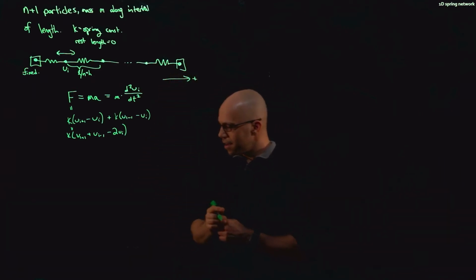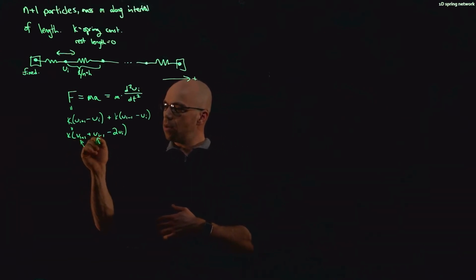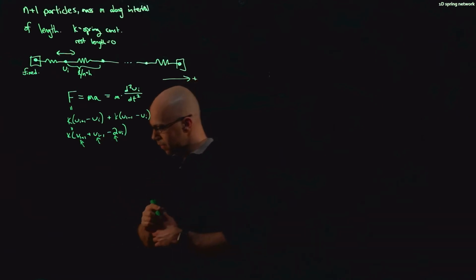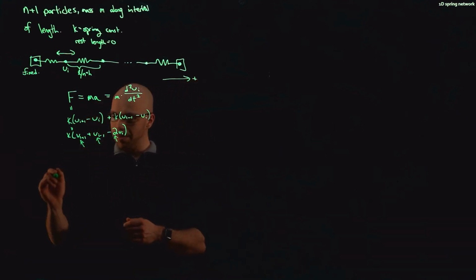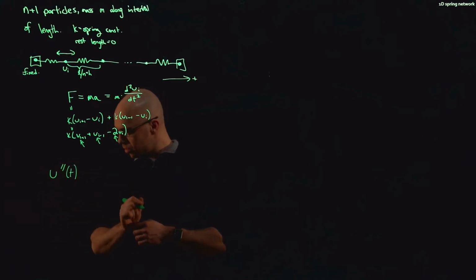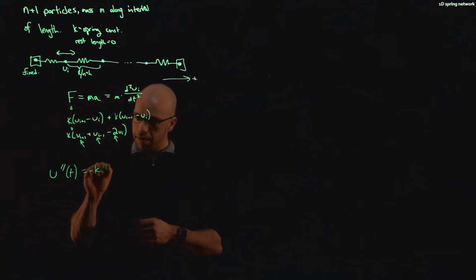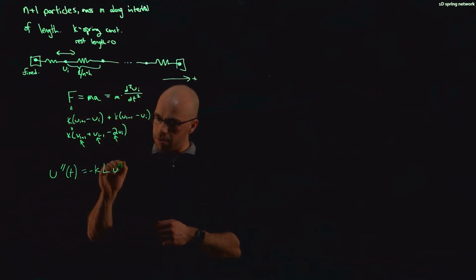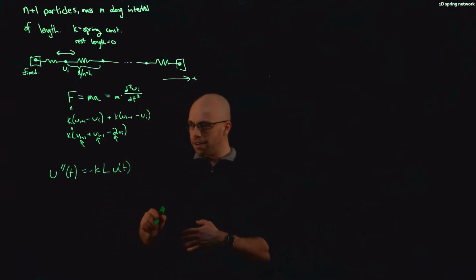So in any event, okay, so what do I have? I have a 1, and a minus 2 as our coefficients here. So if I write all the u's in a vector, what am I going to get? I'm going to get that u double prime of t, that's the second derivative, is equal to minus k times some matrix times u of t, where our matrix has a very nice structure to it.